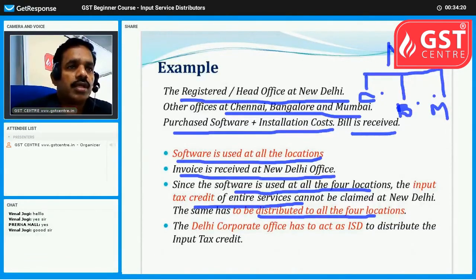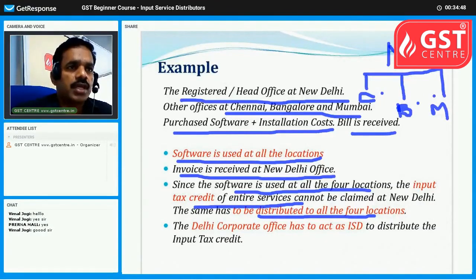That is, input tax credit is availed on the payment of GST to the supplier. Suppose New Delhi office has paid a GST of 2 lakhs. New Delhi office alone cannot claim input tax credit. That input tax credit is availed also by Chennai, Bangalore and Mumbai offices.